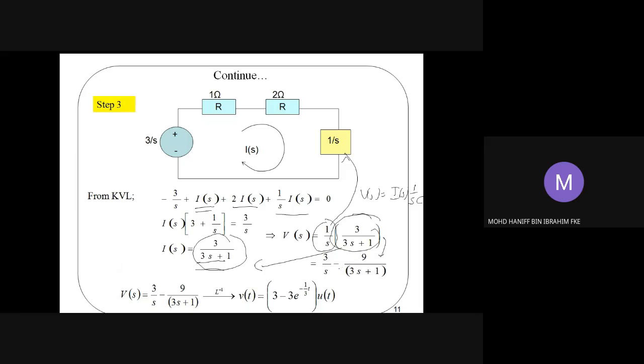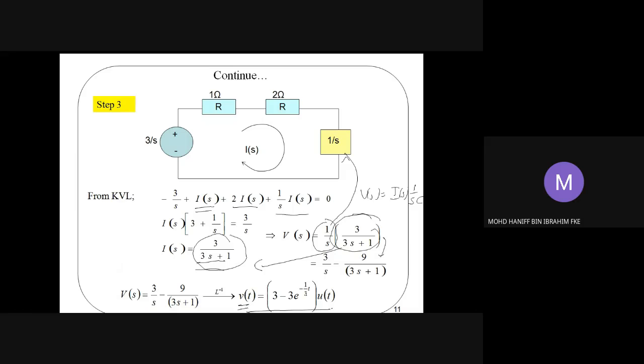Using the properties that we have learned yesterday, we can then write the Vt in time domain as equal to 3 u(t) minus 3 exponential negative 1 over 3t u(t). So that should be the voltage across the capacitor in time domain.